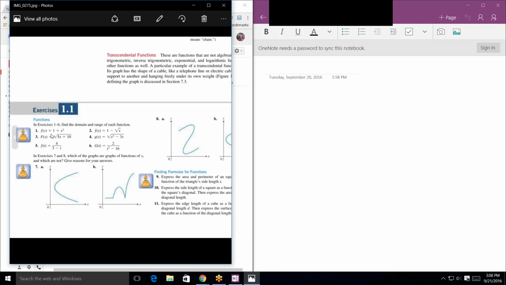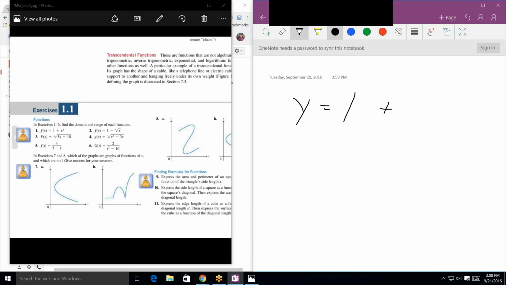What's the range? On the range, there is a restriction because what we have is y equals 1 plus x squared, and that's always positive no matter what x is. So what's the minimum value of y?